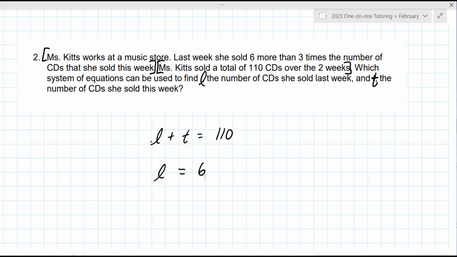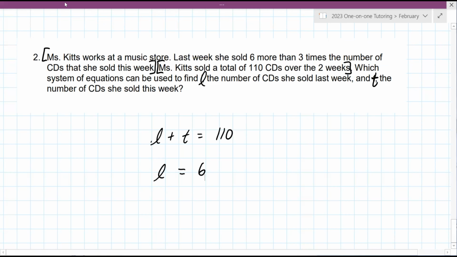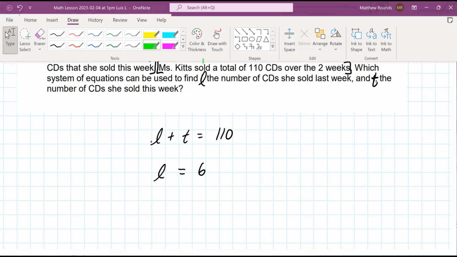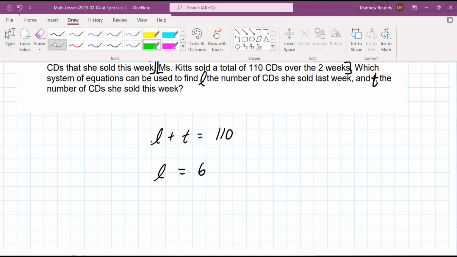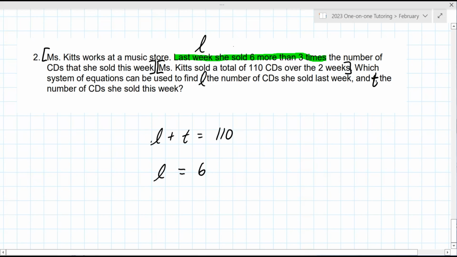So a small thing to correct there. We're looking at this part of it right here. You got the first part right. Last week, L equals. So more means plus. Times means multiply.